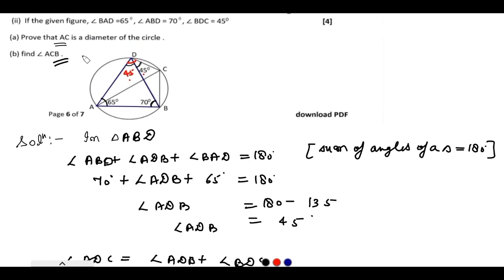Find angle ACB. Now if we consider the arc AB, then the angles subtended at the circumference will be equal, angles of the same segment. This angle will be equal to this. If this is 45, then this will also be 45.